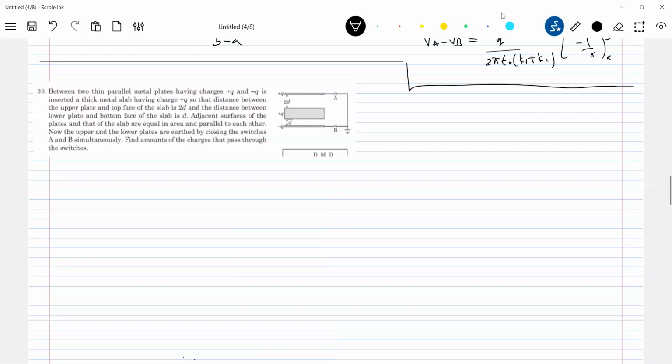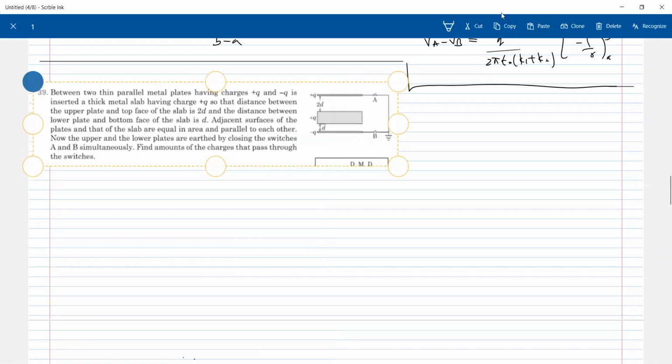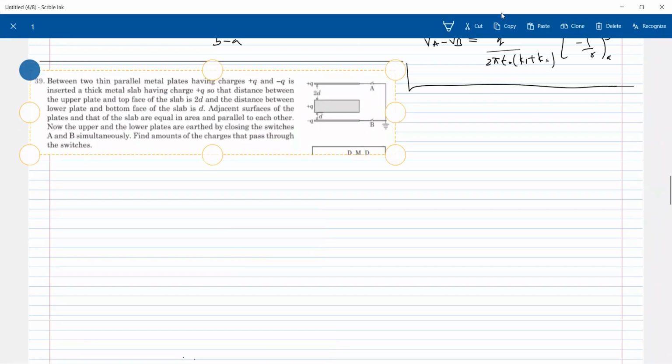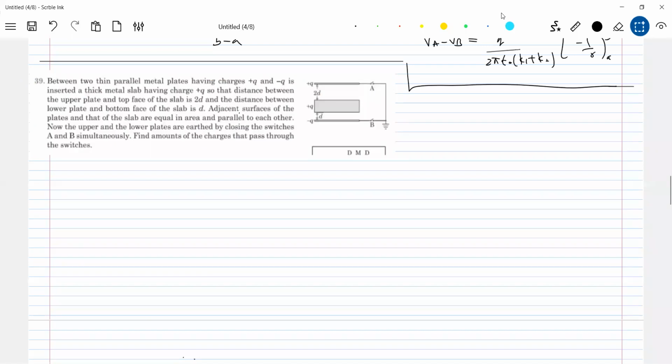Read the question. Earlier we inserted metal slabs in a capacitor which was not having any charge. Here we are going to insert a metal plate which is going to have a charge. This one, there's a metal plate.